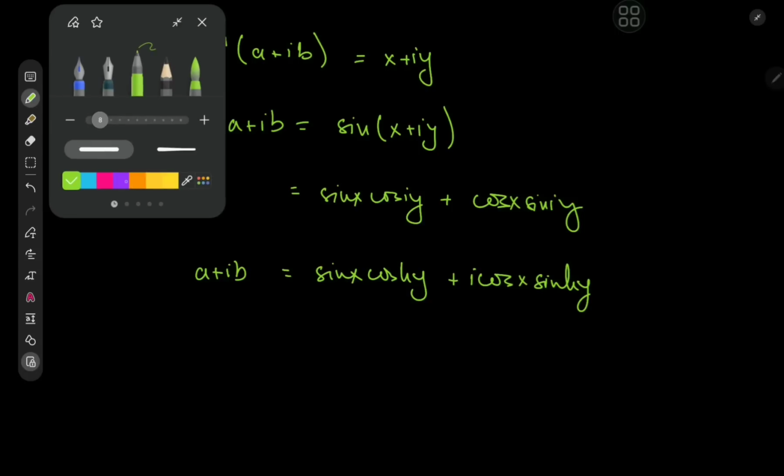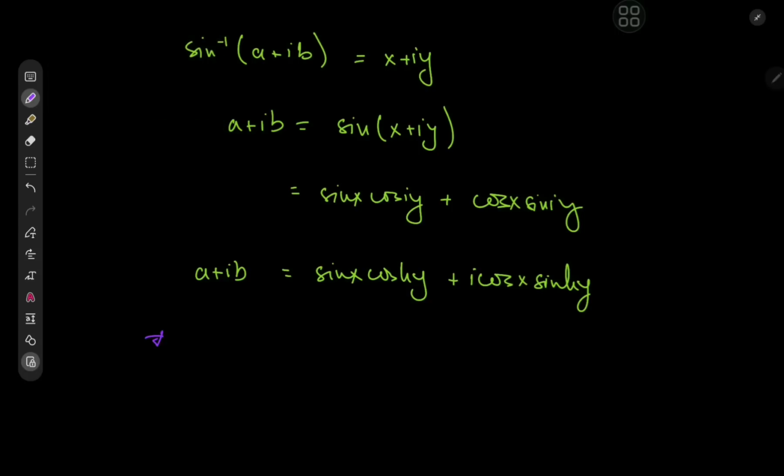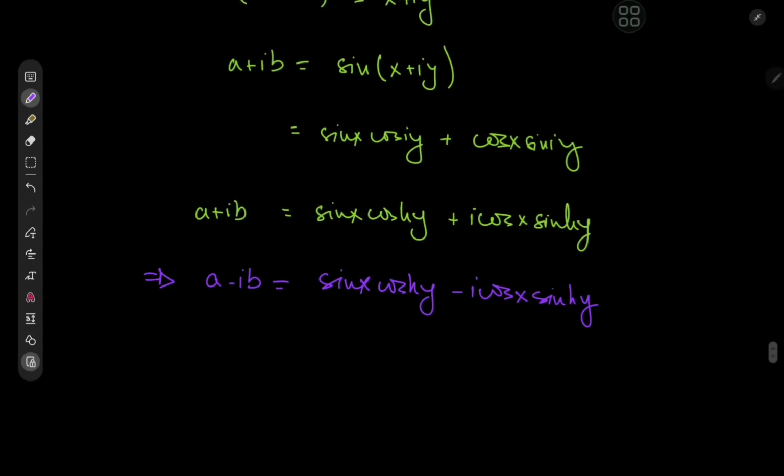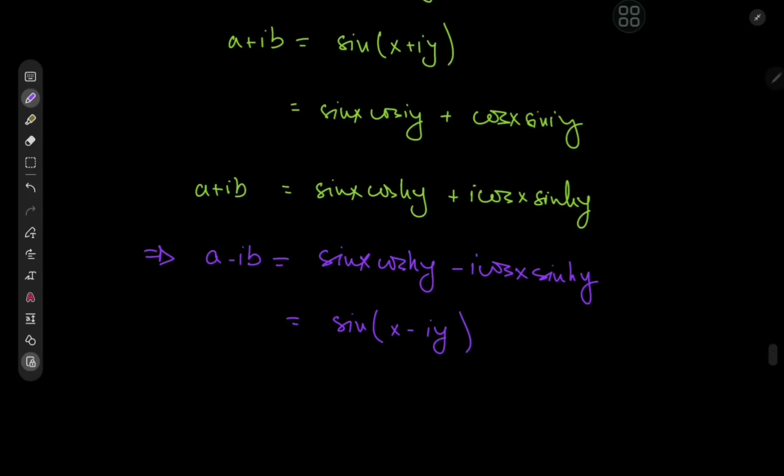Now if we take the complex conjugate, then we have, again terribly sorry about that, a minus I times b equal to sine x times cosh y minus I times cosine x times sinh y. And that means that we have sine of x minus I times y. Yes, indeed.